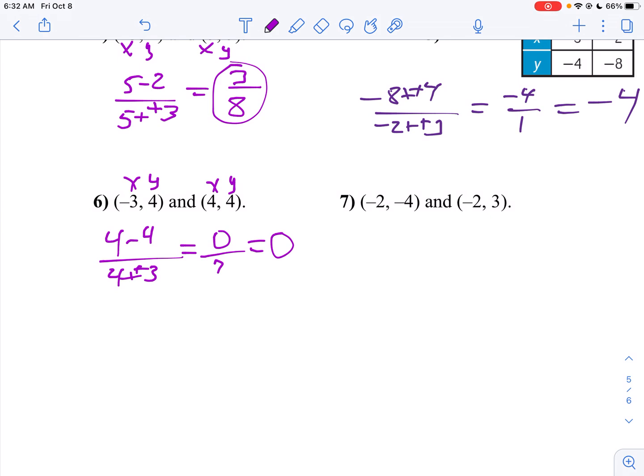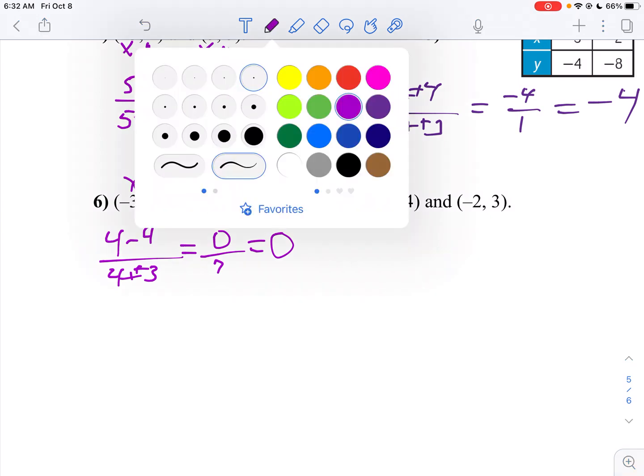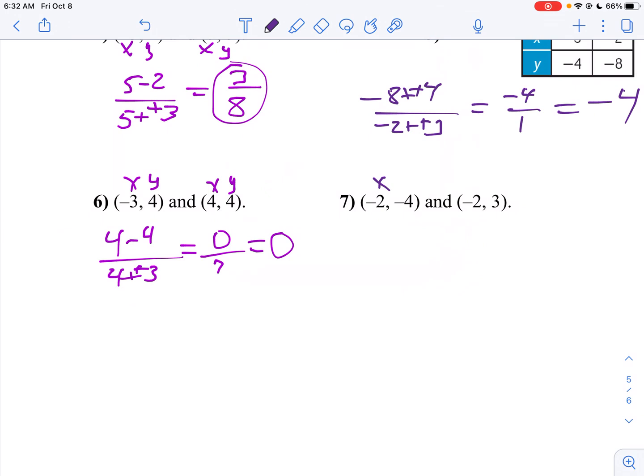And finally, let's take a look at number 7. x, y, x, y. So 3 minus a negative 4 all over negative 2 minus a negative 2. Well, 3 minus a negative 4 is 7. Negative 2 plus 2 is 0. We got a problem here.